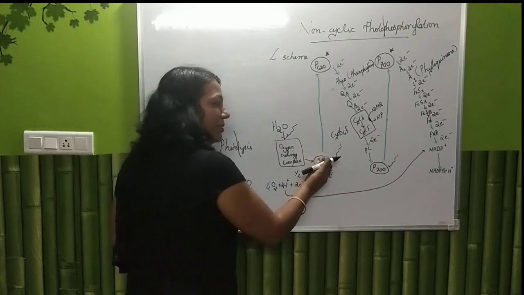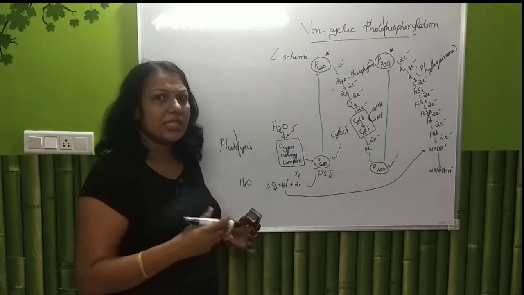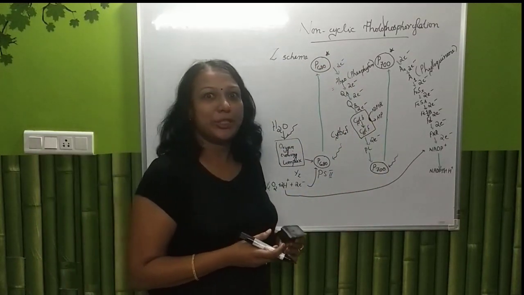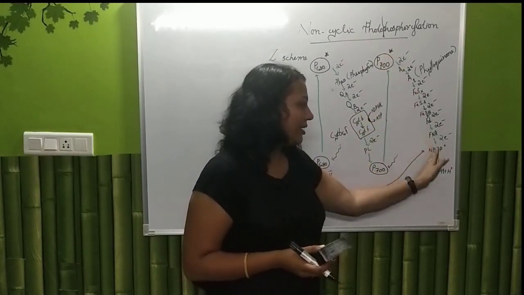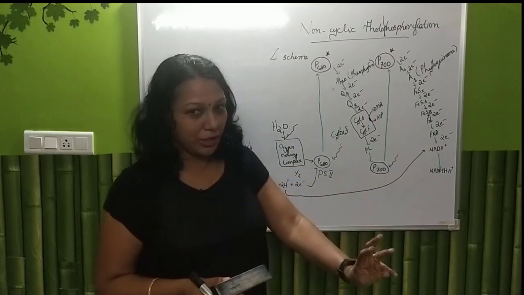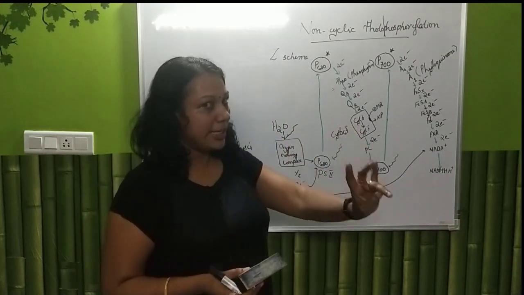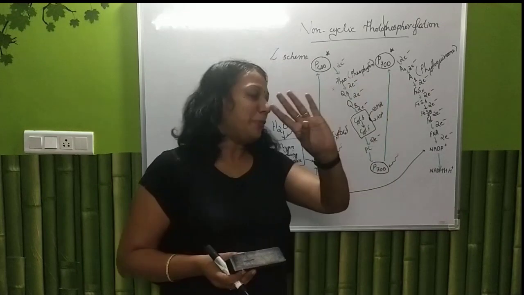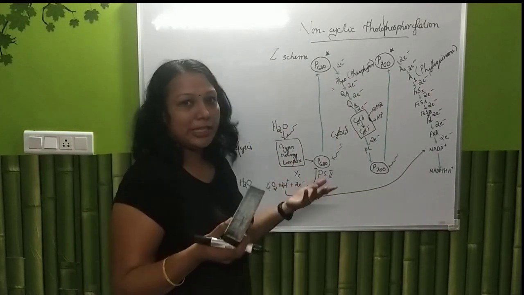But when you study from P680, 2 electrons are taken by P700. Suddenly you will wonder why P700 has to take 2 electrons. That's why I started from here, P700, so that you will understand P700 lost electron, it got its electron back. P680 lost its electron, it got its electron back. Now, poor water molecule, it lost everything.